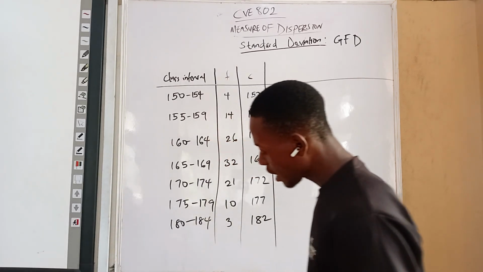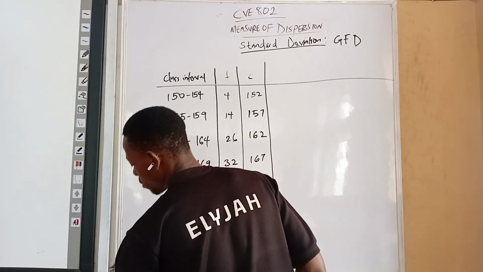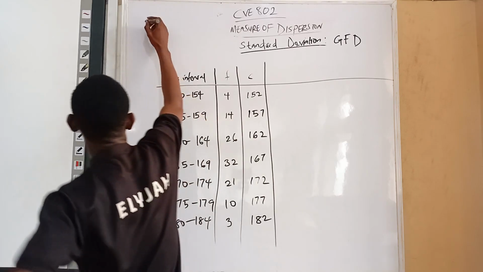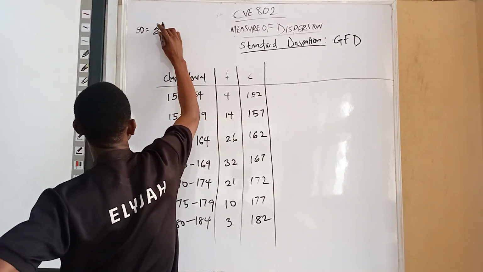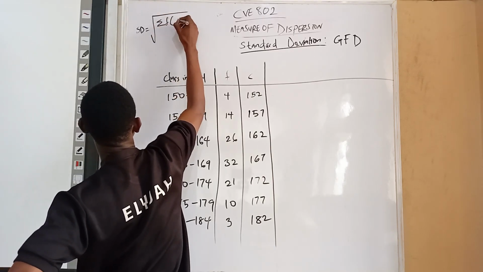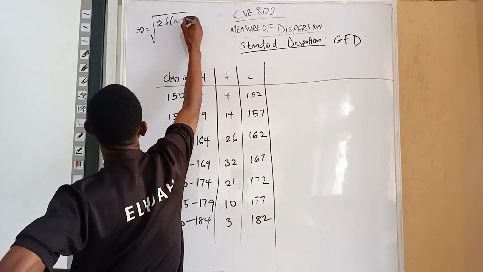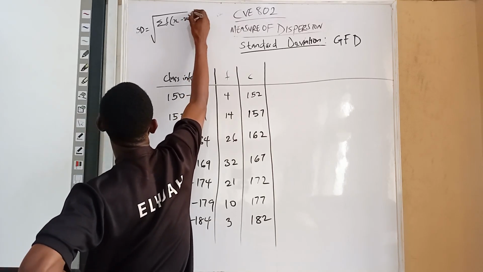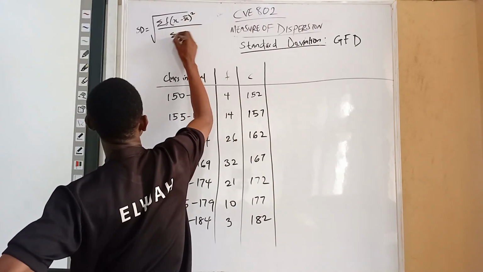We said we want to use the normal method to estimate it. Using the normal method, it is the same thing as SD equals the square root of summation f (x minus x bar) squared, divided by summation f.